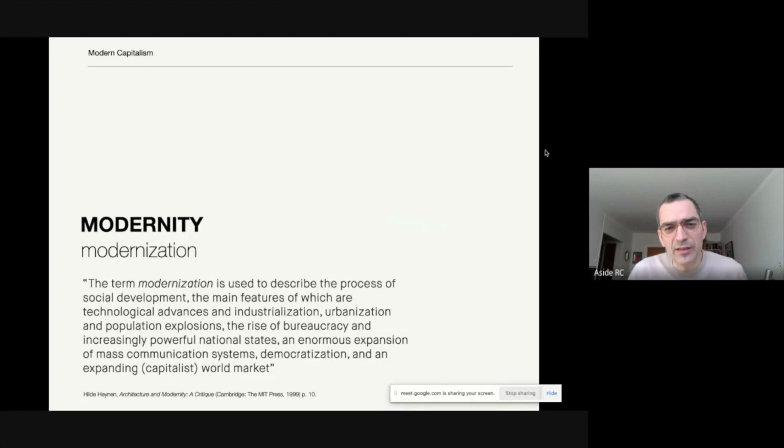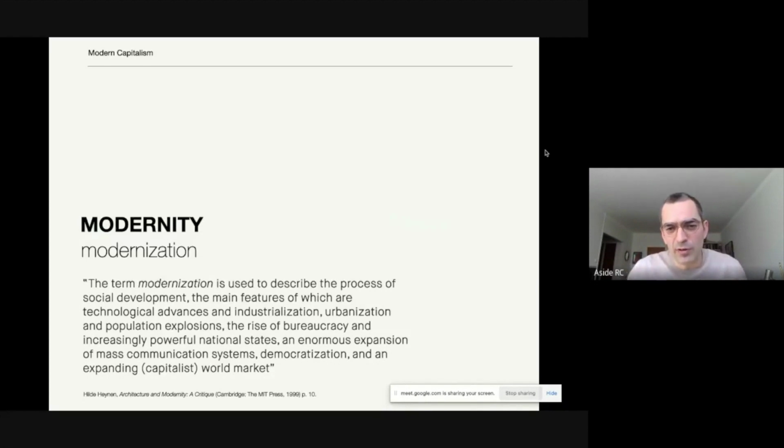Modernization, in this way, would be used to describe the process of social development, the main features of which are technological advances and industrialization. We've seen some of it already. Urbanization and population explosions, again, the idea of explosion, right? The rise of bureaucracy and increasingly powerful national states.